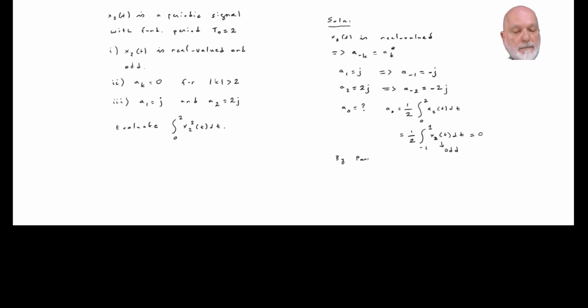By Parseval's identity, we have 1 over 2, the integral from 0 to 2, x2 squared integrated with respect to t is equal to a0 squared in general, but a0 is equal to 0.